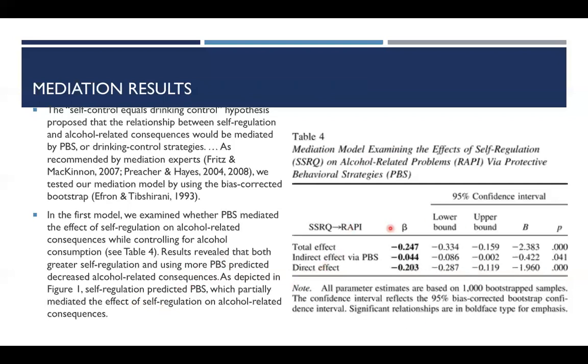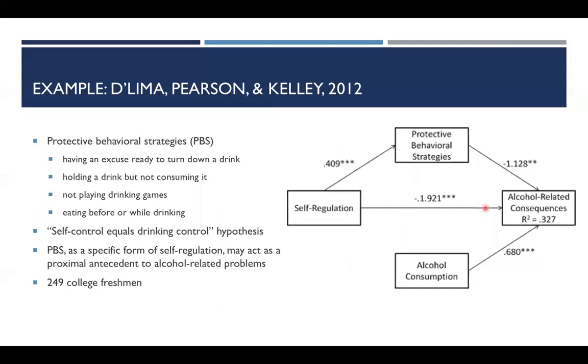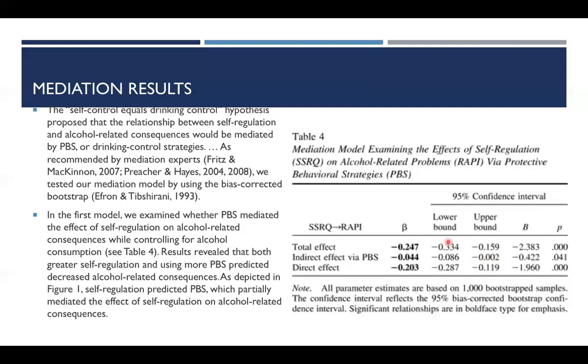All right, so if you look at the table over here, you can see they've got the total effect, the indirect effect via PBS. This is what we're usually used to looking at, and there's that bootstrap confidence interval, which is all below 0, so that's significant, and they also give you a p-value there. And then the direct effect, which is that relationship between the two. All right, so that's just another mediation analysis.